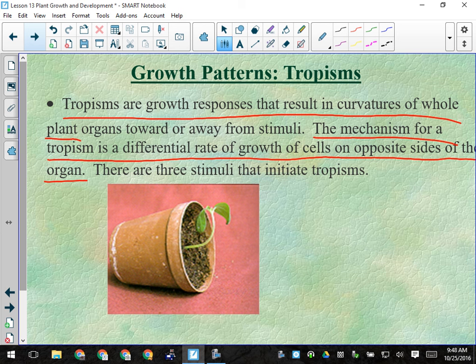So if we are looking at this plant right here, the bottom of the stem is growing faster than the top. What hormone do you suppose would be most important for that? Auxins. Auxins are the most important hormone for causing tropisms.